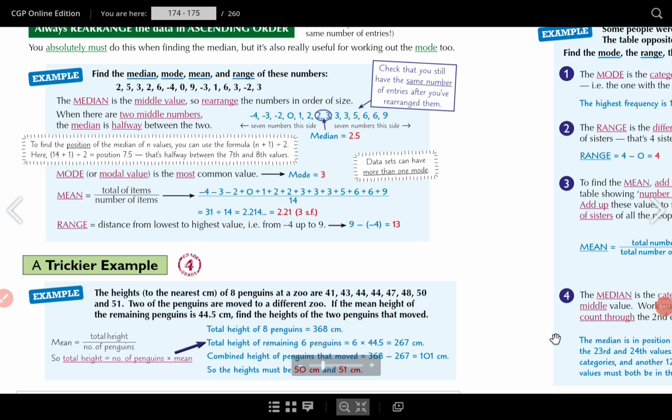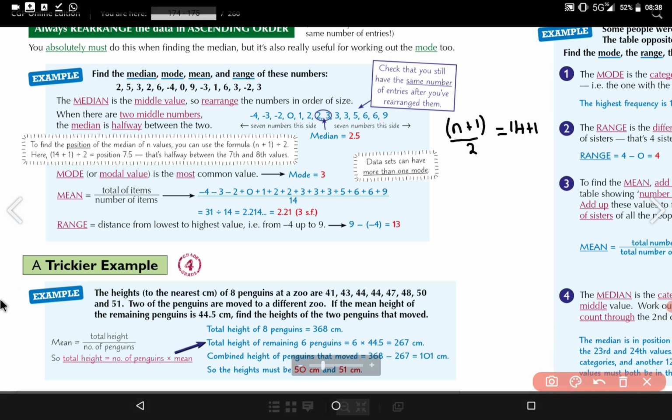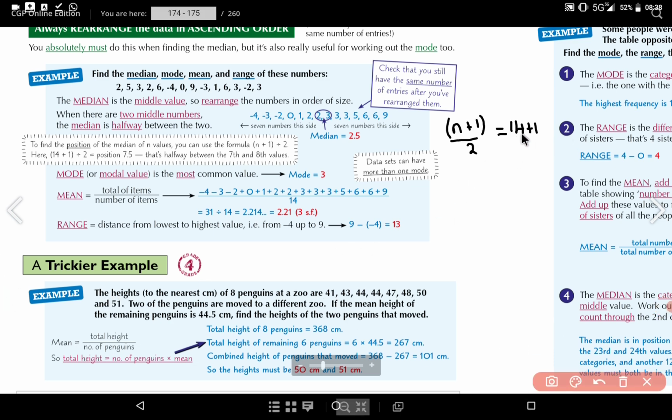So that was what we were trying to discuss here. 14 plus 1, that is 15, over 2. This will give us 7.5.